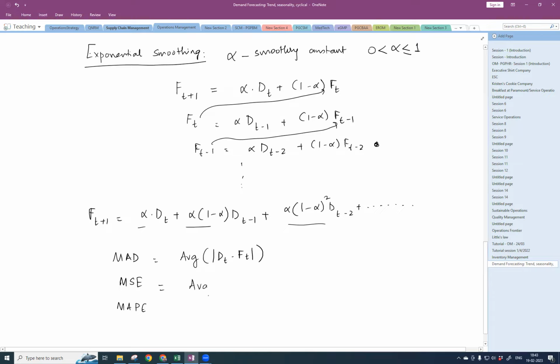On the other hand, mean squared error is the average of dt minus ft whole square. Now, we said that whether we take the mod value, the absolute value, or the square, if there is a positive value, negative value, it just gets cancelled out, because an absolute value will remove the sign from that. The same way, a square will also remove the same thing, right? These two values, mean absolute deviation and mean squared error, are kind of sensitive to the kind of units that you choose.